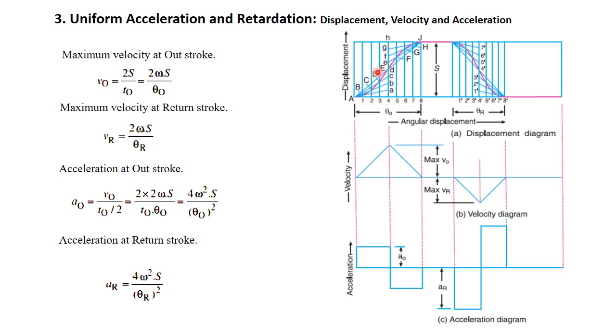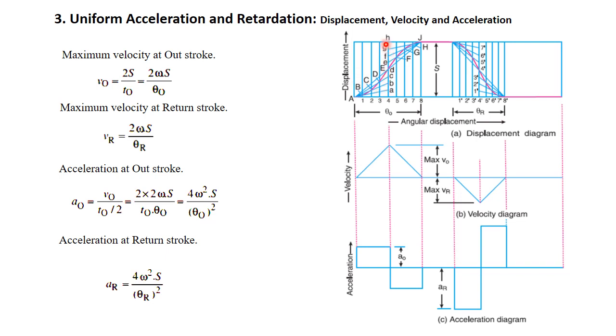Now take the same number of divisions on the vertical line. As we have taken 8 divisions, we will take 8 divisions on the vertical line, which is nothing but the actual stroke of the follower.